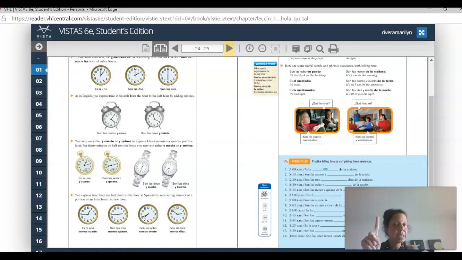Remember, 2 questions. ¿Qué hora es? What time is it? Second question. ¿A qué hora es la clase? ¿A qué hora es el concierto? ¿A qué hora es el programa? ¿Sí? At what time is it? And then, what time is it now? ¿Sí? Bien.